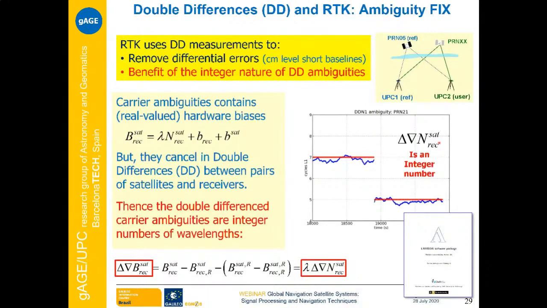In general, there is the LAMBDA method, a powerful method for ambiguity fixing that uses the correlation between the different estimates, the different parameters. But this is the idea.